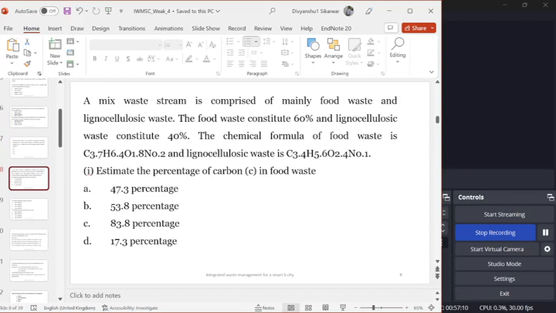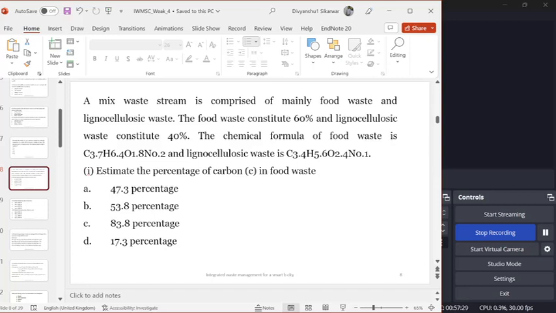Like this question is based on the content of third week, where you have to calculate the percentage of carbon in the food waste. So here we have two types of waste.